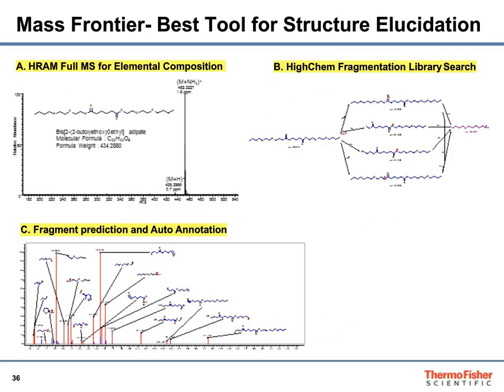And we all have the unknown problem, right? So unknown impurity ID is the toughest task for anybody. We have a software called Mass Frontier. I think it's a great tool for structure elucidation. The best part is this software has a built-in fragmentation mechanism library.